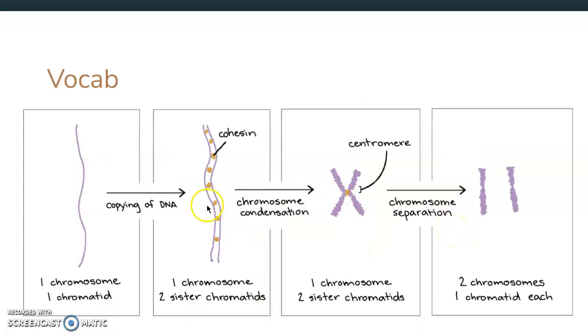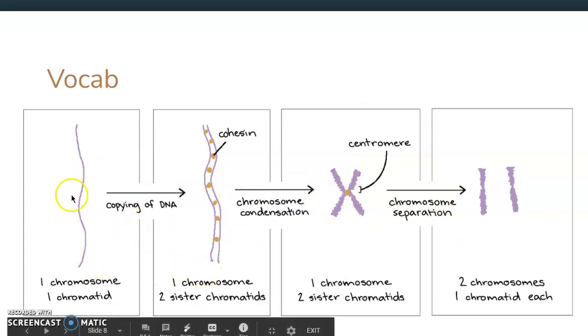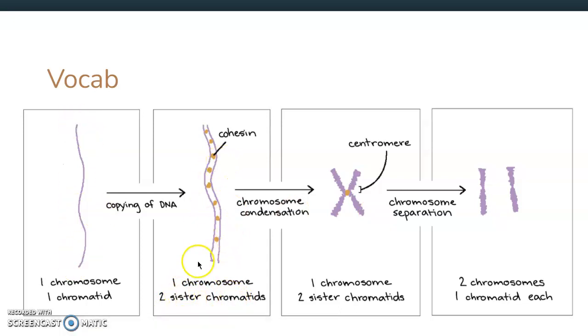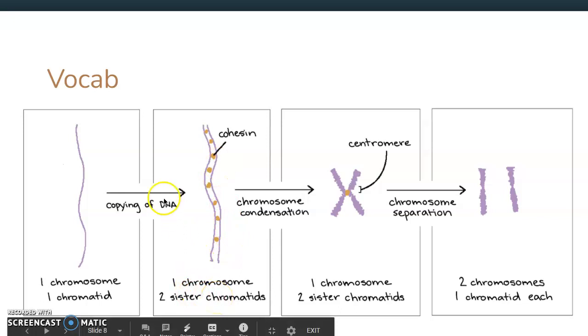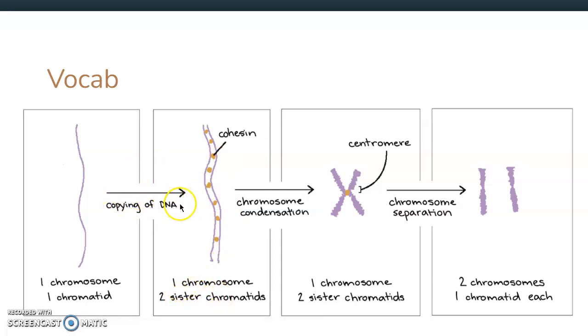Centromeres. The other vocab we're going to be talking about is when we have one chromosome, once we copy it, they start to become chromatids. So we have one chromatid and one chromosome here. Now we have two sister chromatids, and we say sister because it's the same exact DNA. And it is still one chromosome though.